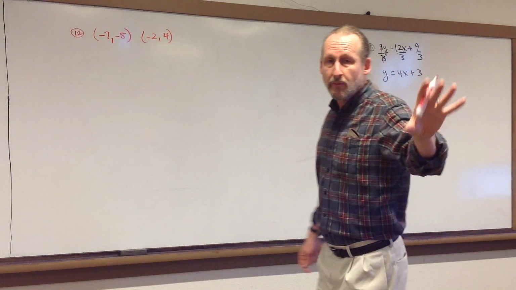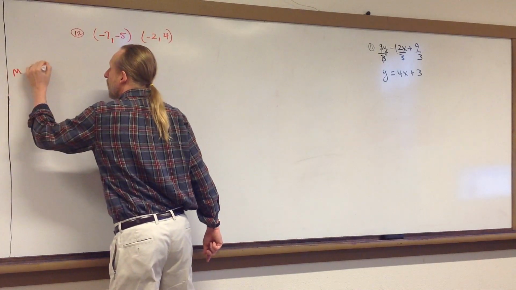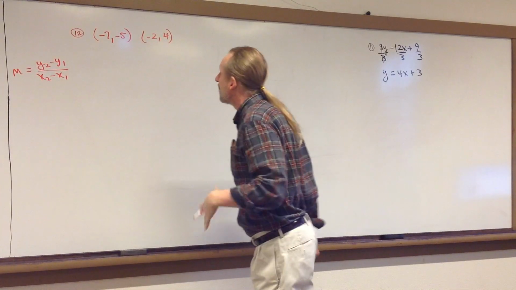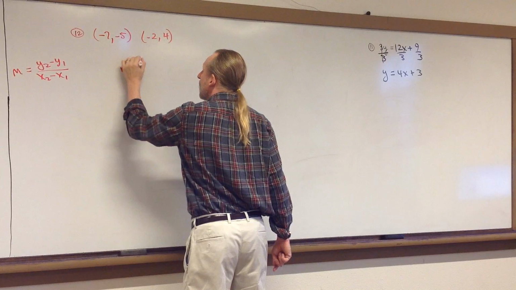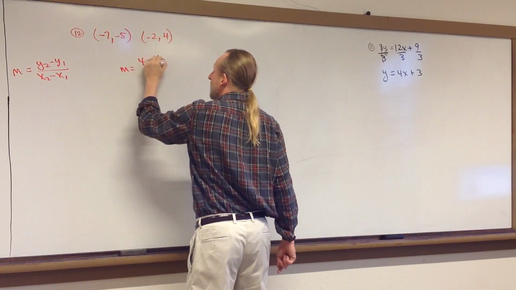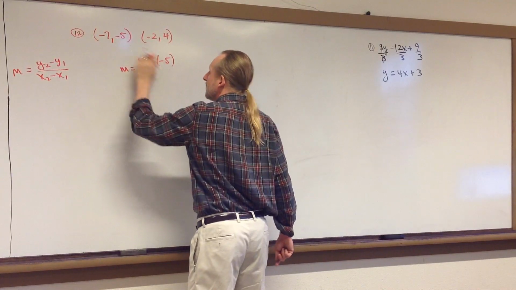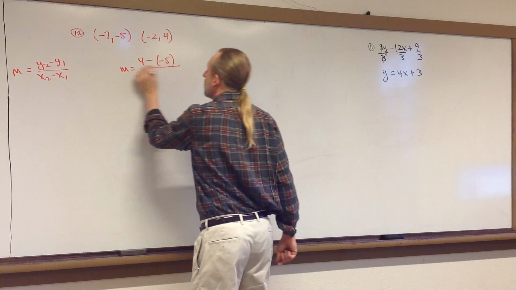Remember, you've got the slope formula on your formula page, and so that's going to say y2 minus y1 over x2 minus x1. So let's see, I'll start with the 4 for the y's, minus -5, right? This minus sign comes with the formula, this negative comes with the value of the other y coordinate.